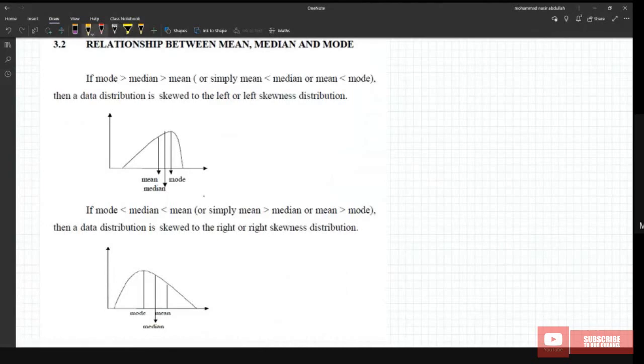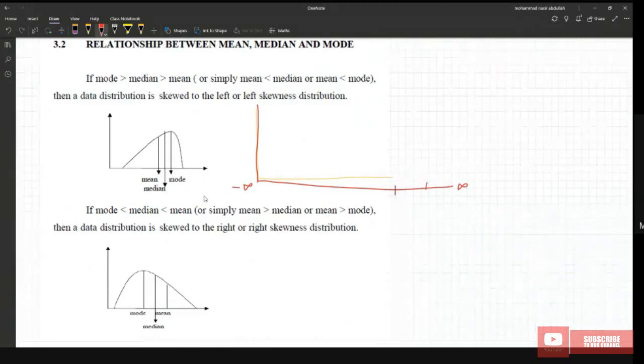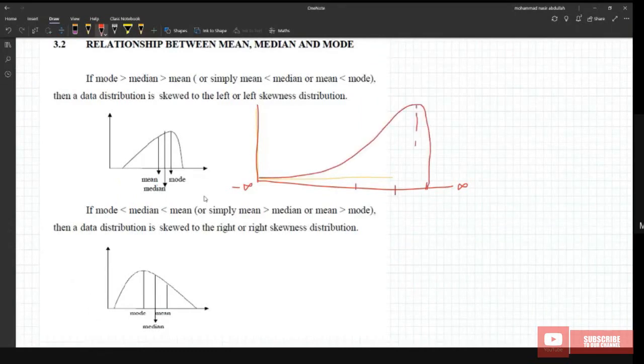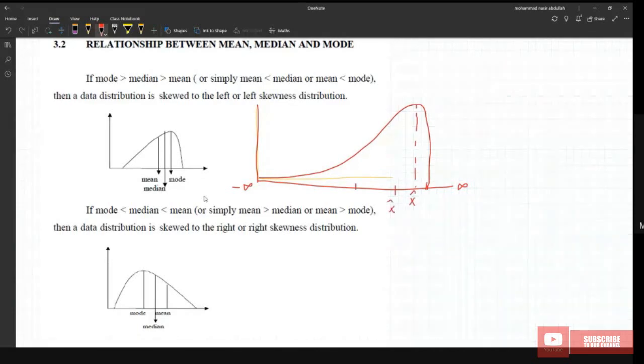So you will get, let's say, this is from negative infinity to infinity. This is the range, right? If mode is higher than median, higher than mean, so you will get skewed to the left distribution, right? So this is your mode, this is your median, and this is your mean.